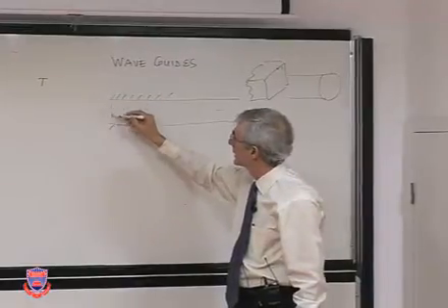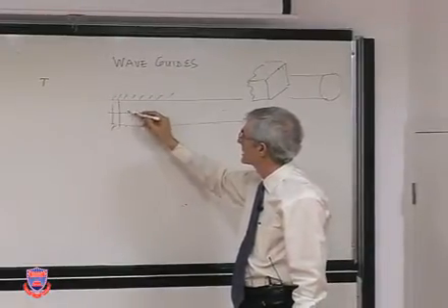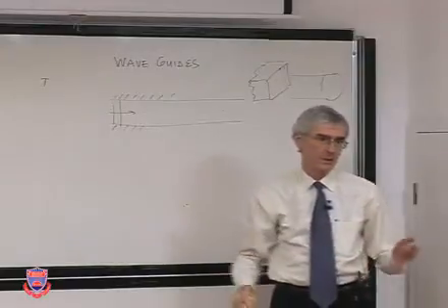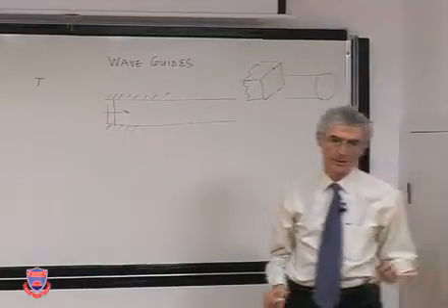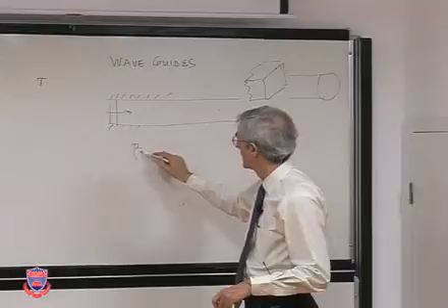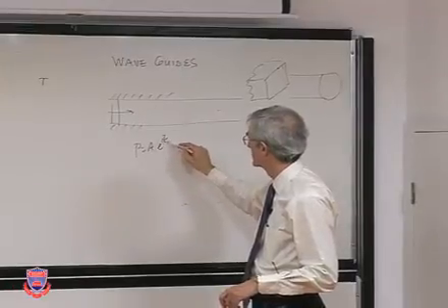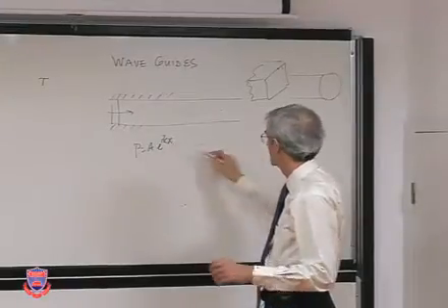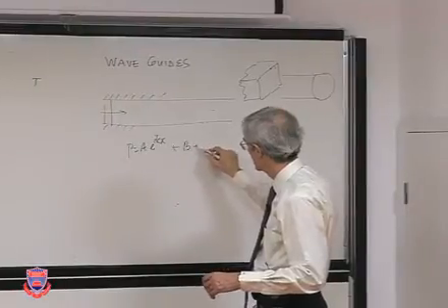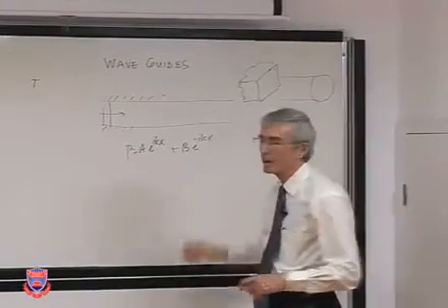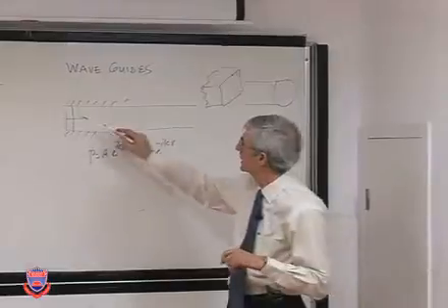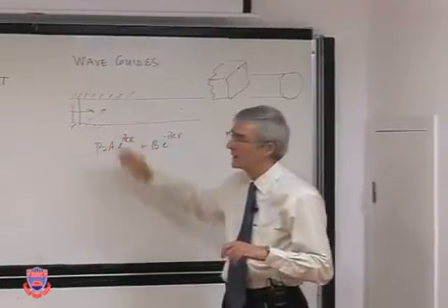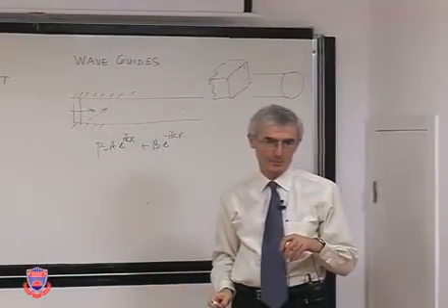You would think that if you have a normal incidence, it's a piece of cake, and it is. It's very simple. You write the normal equations of motion, and there may be reflections, so you write that down, and so on. But what happens if the sound has a different direction? Okay?